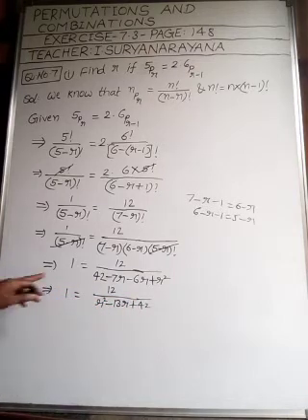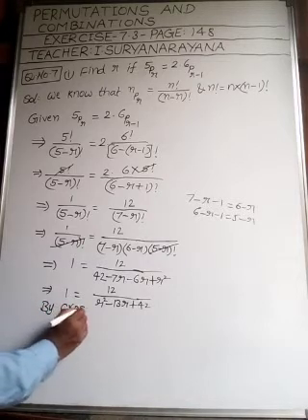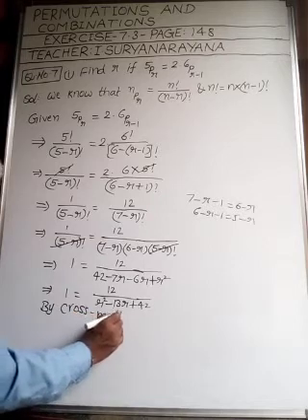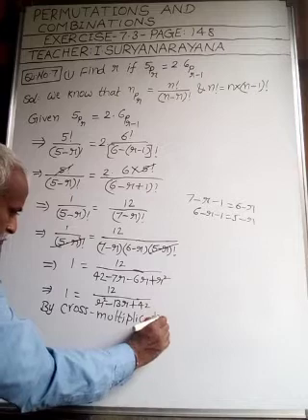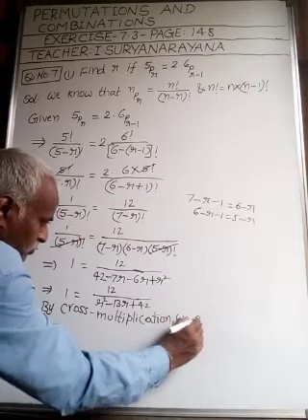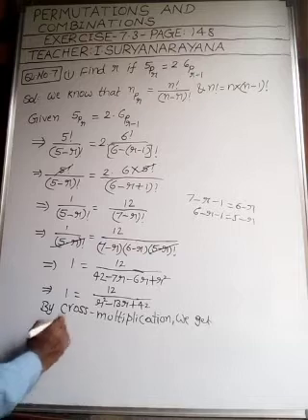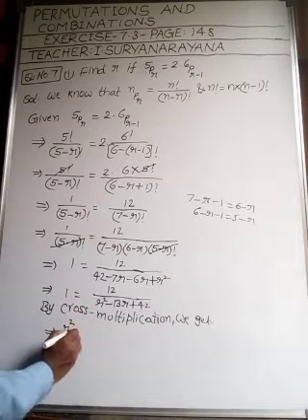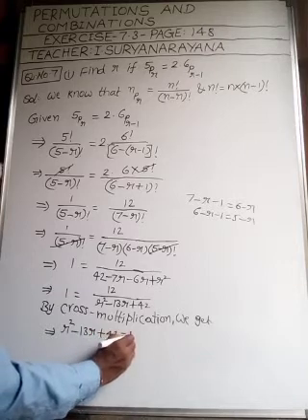Right. Now cross multiplication. By cross multiplication, we get r square minus 13r plus 42 is equal to 12.